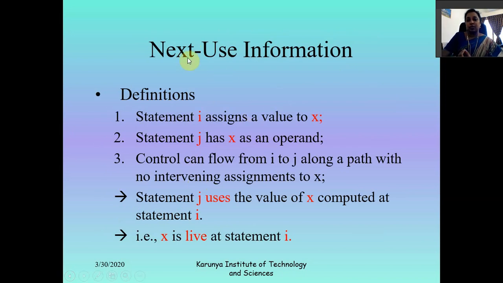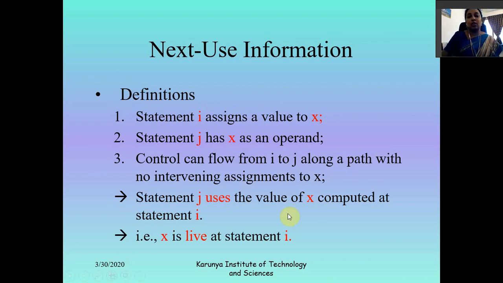So for the next use information, there are certain definitions. Statement I assigns a value to X, J has X as an operand, and the control flow from I to J has no intervening assignments to X. Which means once I have defined X in the ith statement, in between I and J, that is in between instruction 2 and instruction 5, nowhere down the line has the X value been modified.